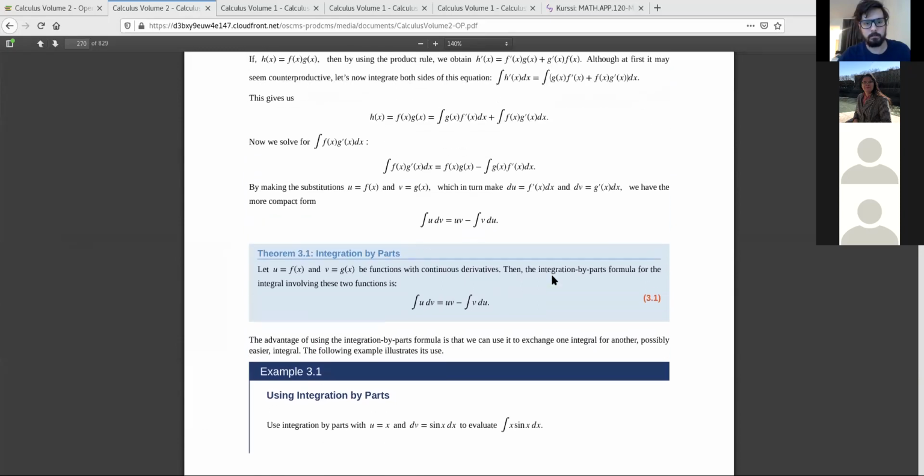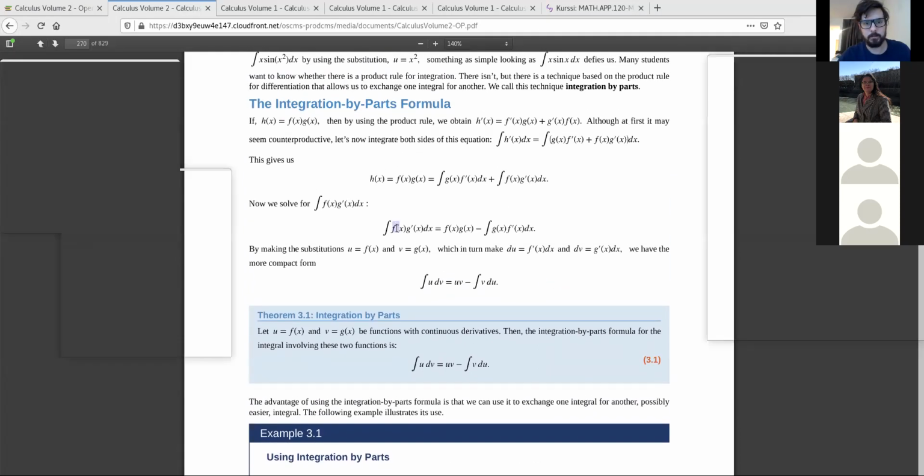Using this formula here. And then the integral of x times sinus of x dx is then f times g.